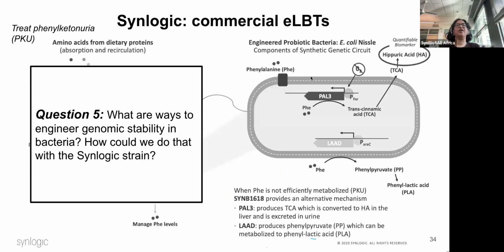Based on your experiences in engineering biology so far, I want you to give me some ideas of how we can engineer genomic stability into bacteria. It's a hard question, I know.